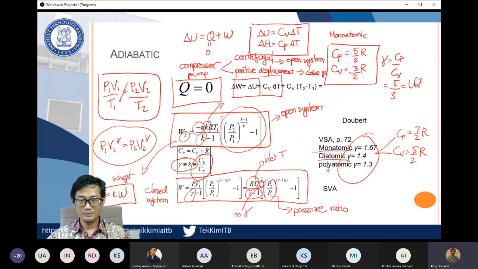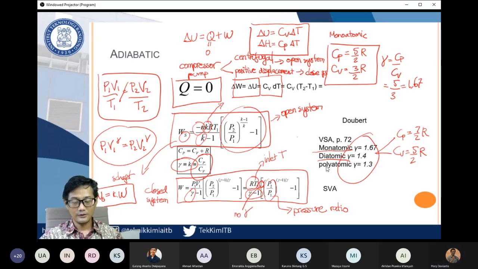Please understand this principle because we will use it again when we discuss the second law of thermodynamics. In the second law, we will evaluate the efficiency of heat engines and heat pumps. A heat engine like the one in the Otto cycle in your gasoline car, or a diesel engine, you can evaluate the performance based on all of these thermodynamic paths.